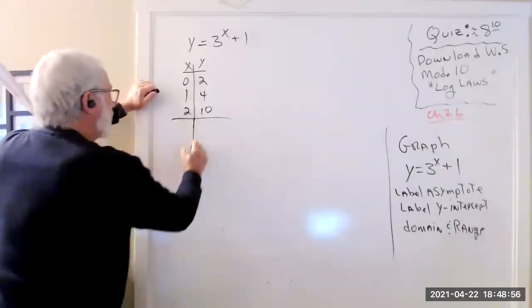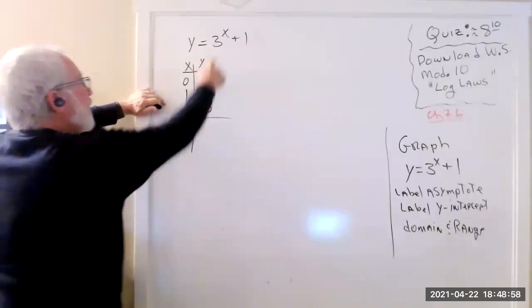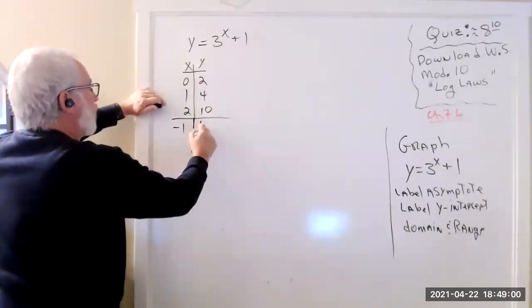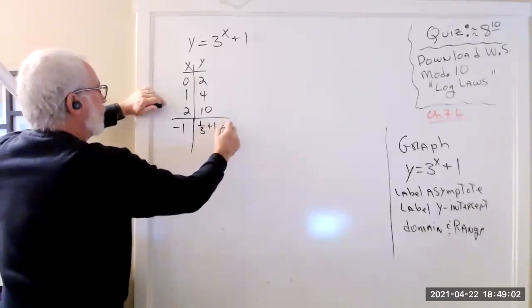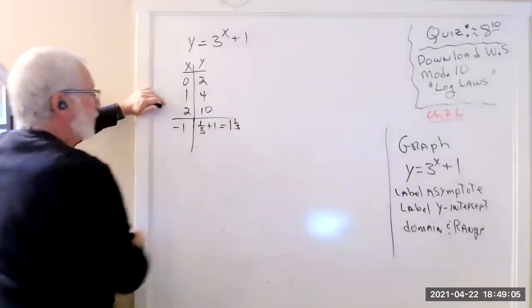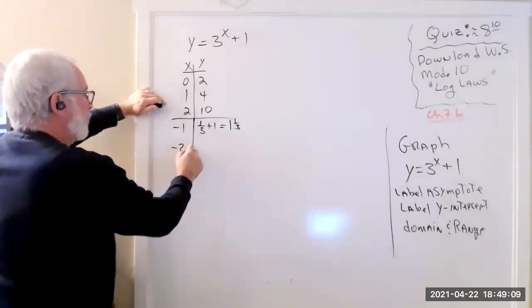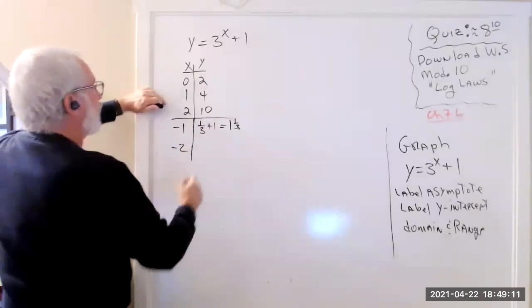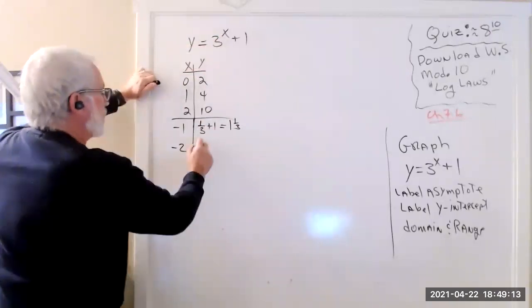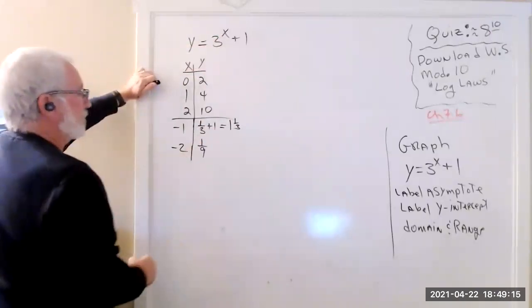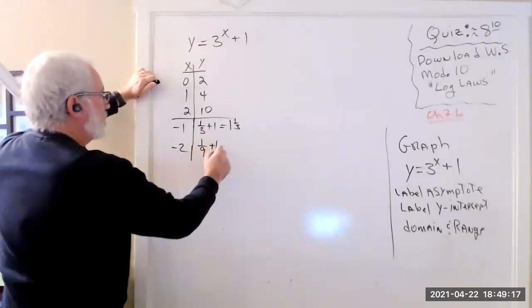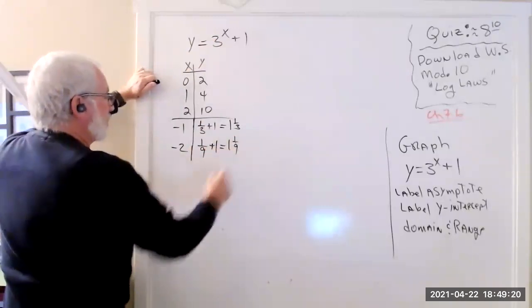So then we go to negatives. When x is -1, we have 1/3 plus 1, which is 1 1/3. When x is -2, 3 to the -2 is 1/9, plus 1 is 1 1/9.